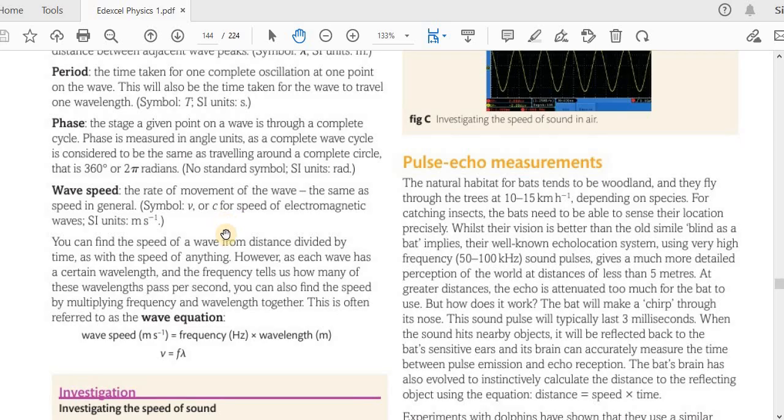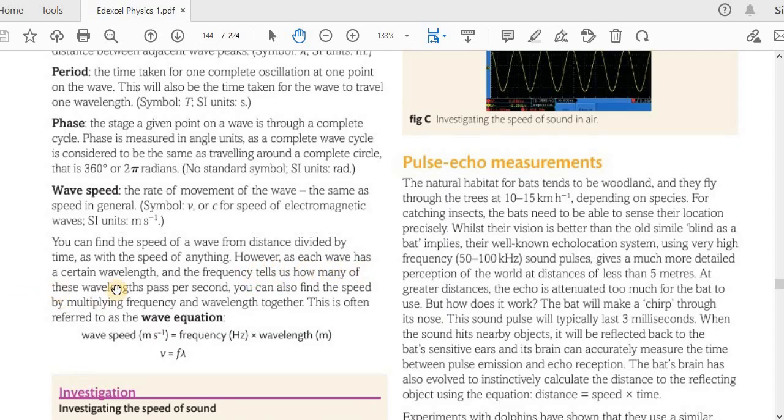You can find the speed of a wave from distance divided by time, as with the speed of anything. However, as each wave has a certain wavelength and the frequency tells us how many of these wavelengths pass per second, so there has to be a time there. With the distance alone, you can't find the frequency.